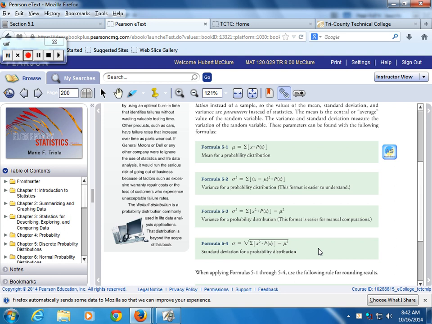So they're the same formula, except you have square root in one and you don't in the other. 1, 3, and 4, yes. Give y'all a second to write those down.